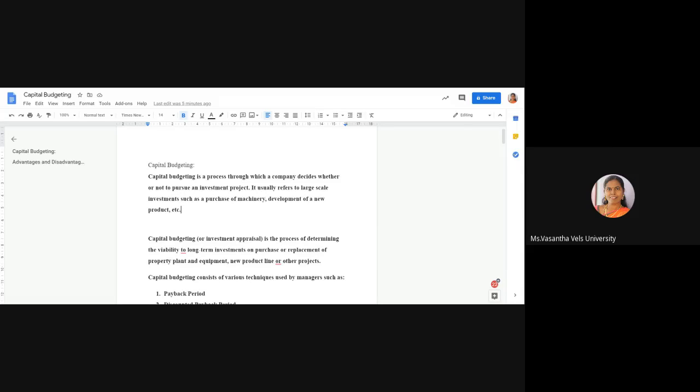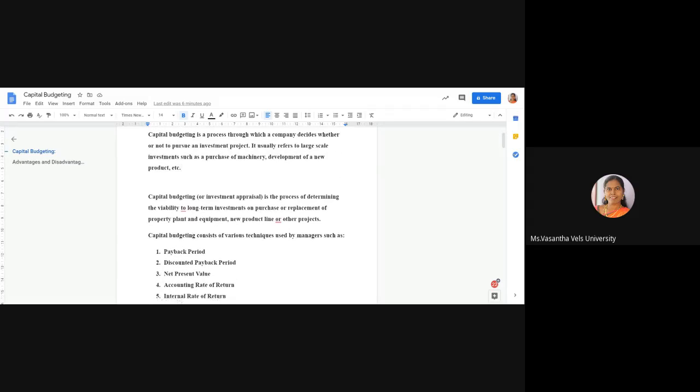All these decisions are evaluated with the help of capital budgeting. So capital budgeting is a process through which a company decides whether or not to pursue, that is to purchase or continue, an investment project. So it is a long-term project.